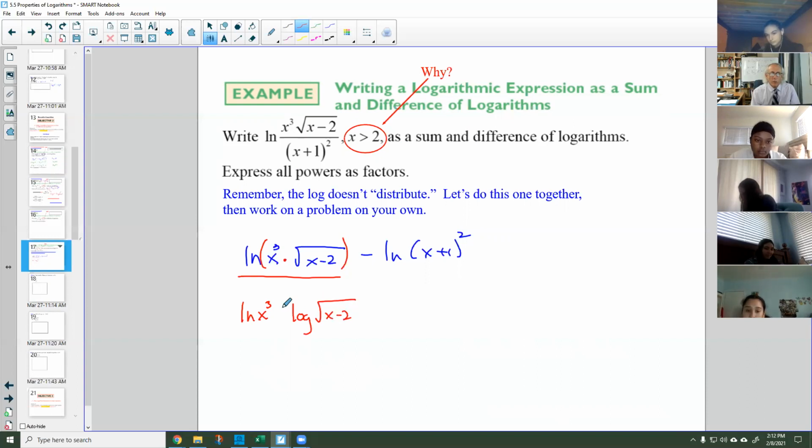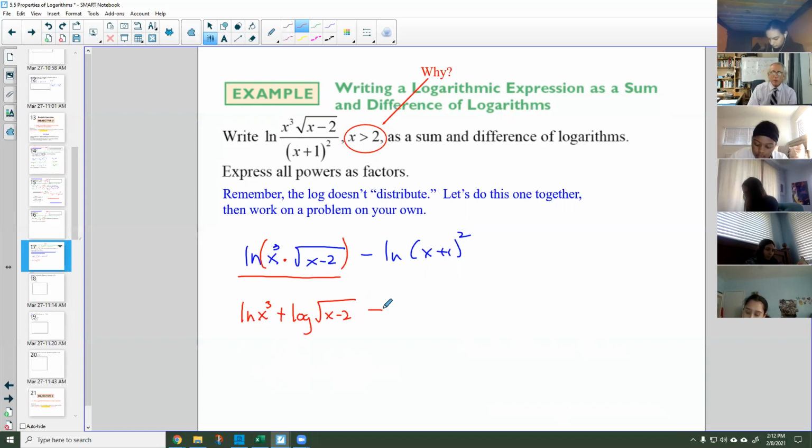Now, what symbol goes in here between those two? The plus sign. Very good. You don't want to put a multiplication sign in there. So we're making some progress here. And then what about this next one here?